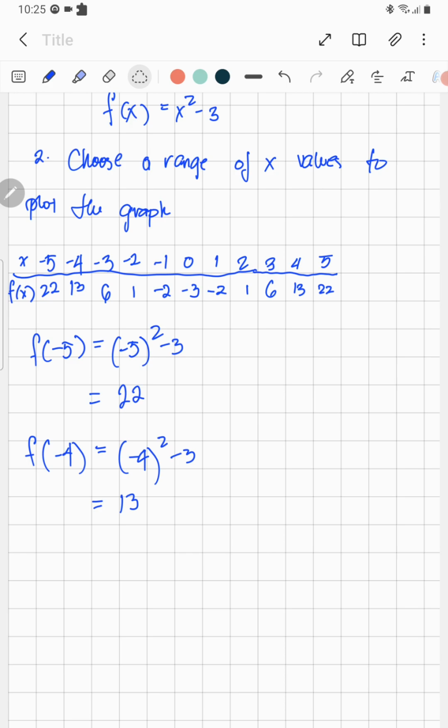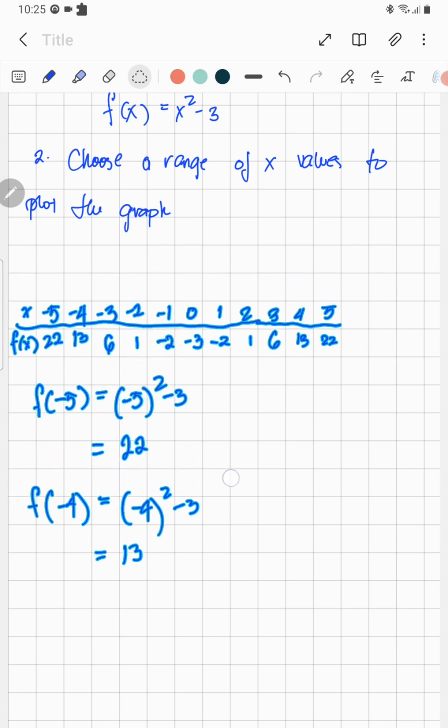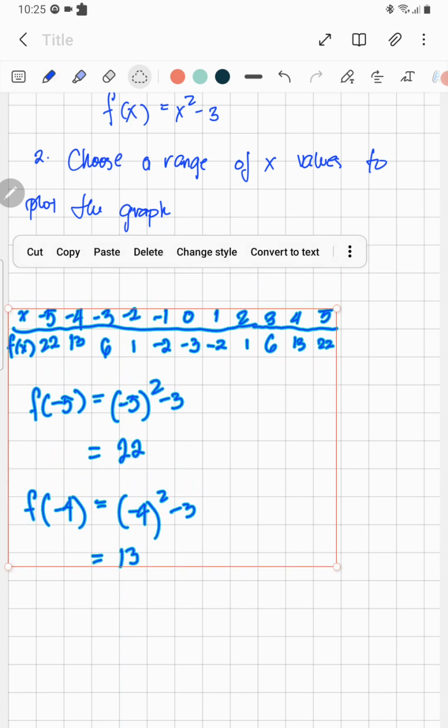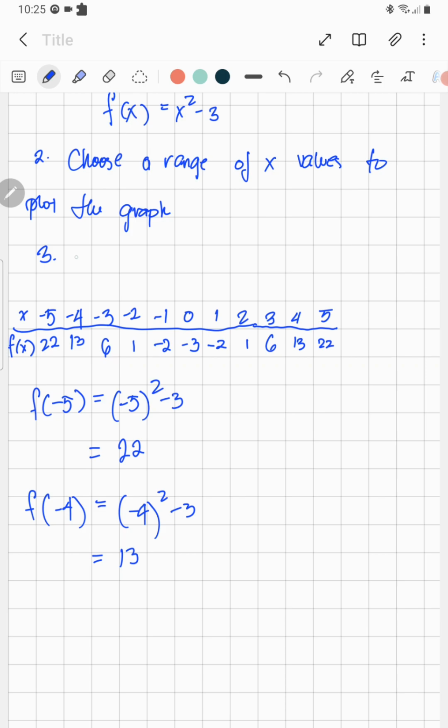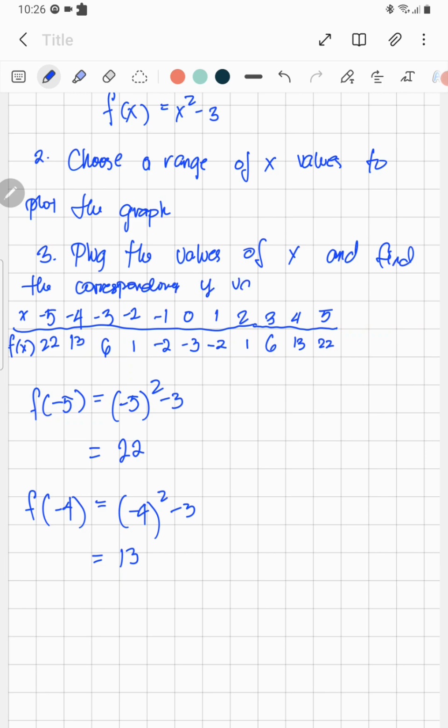Ito yung step number na in which to plug in the values of x and find the corresponding y value.